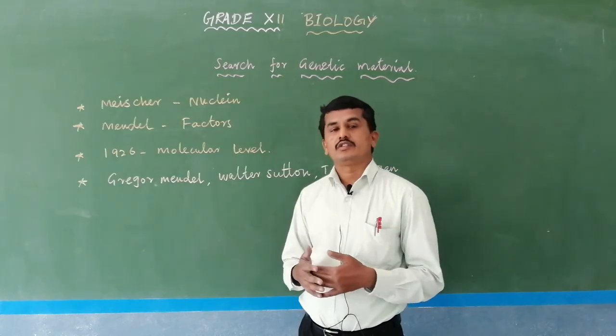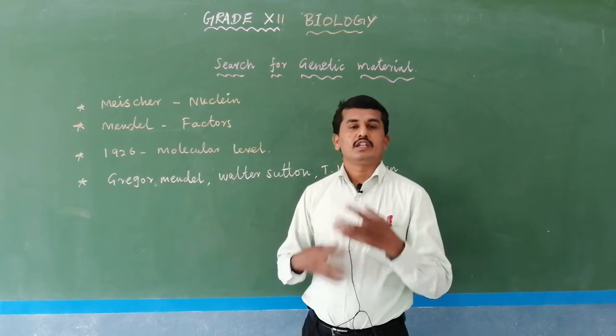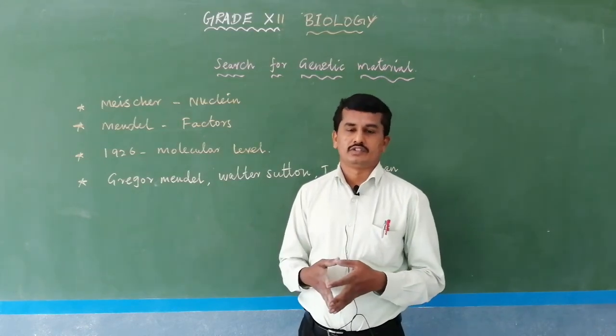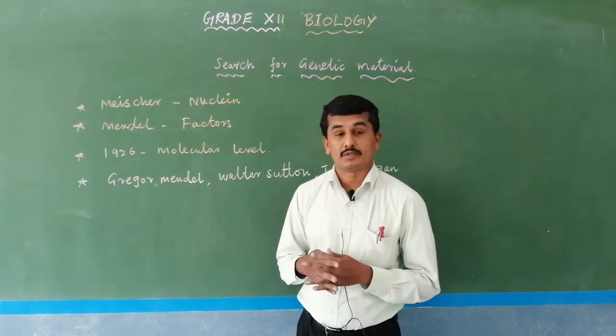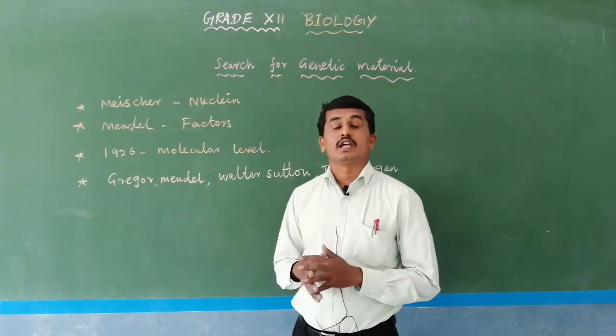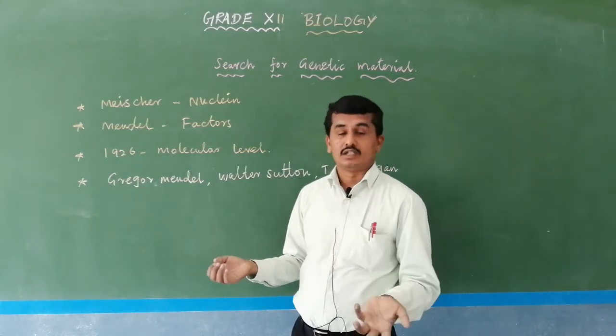But from 1926 to 1940 and 1950, various scientists performed various research to search for the genetic material and where it is present. Which one is regarded as the genetic material? Maybe protein, or lipids, or amino acids.